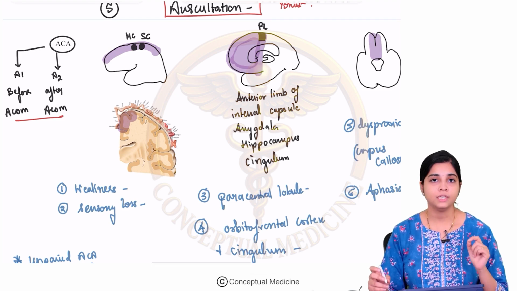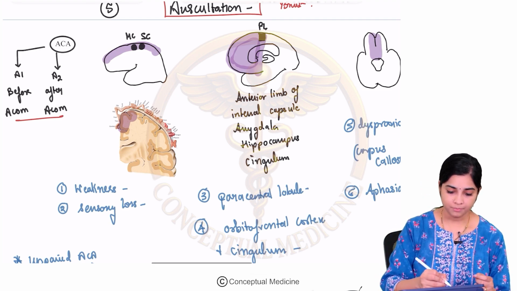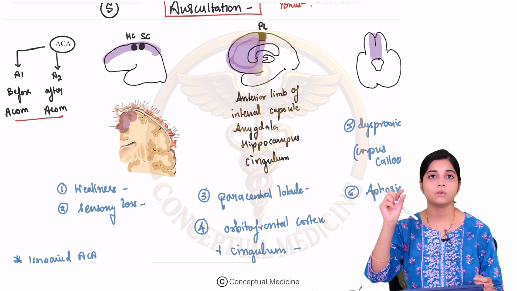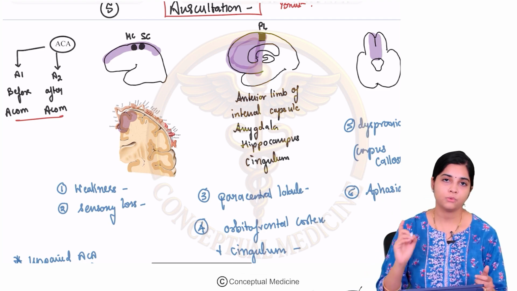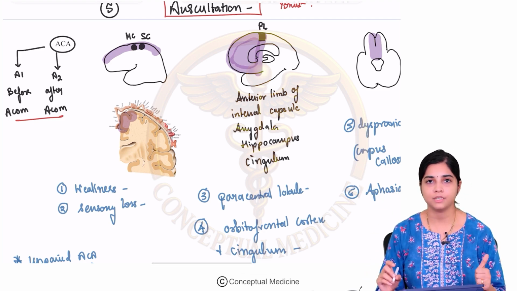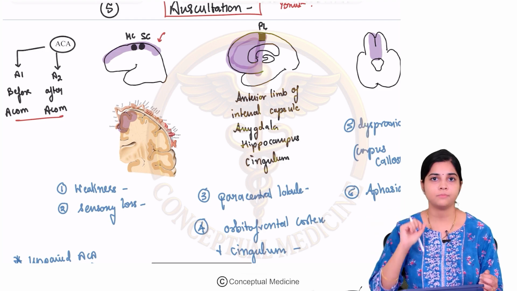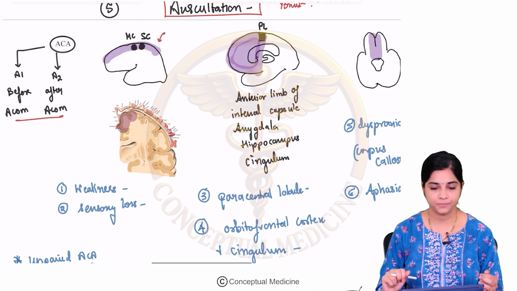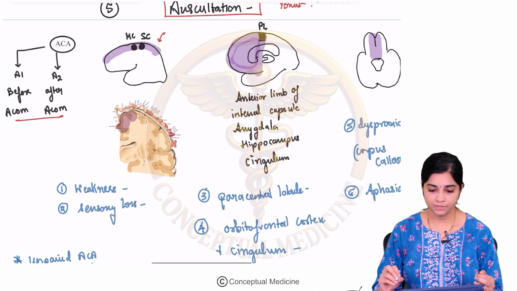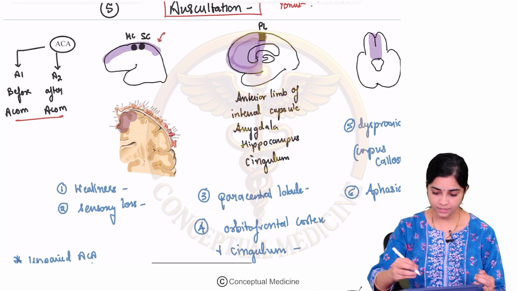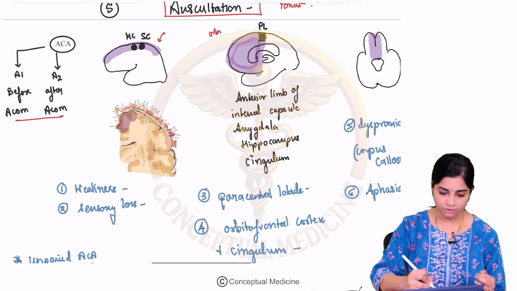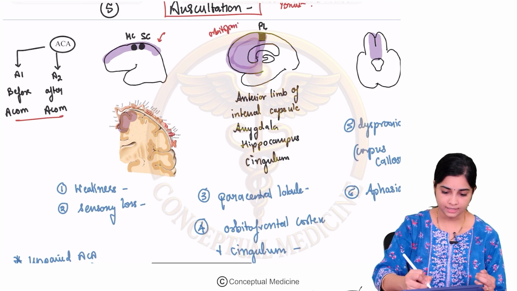In the anterolateral surface of the brain, you see that there is a small strip in the superior region which is supplied by the anterior cerebral artery. On the medial surface of the brain, it basically supplies your orbitofrontal cortex, as you can see highlighted here.